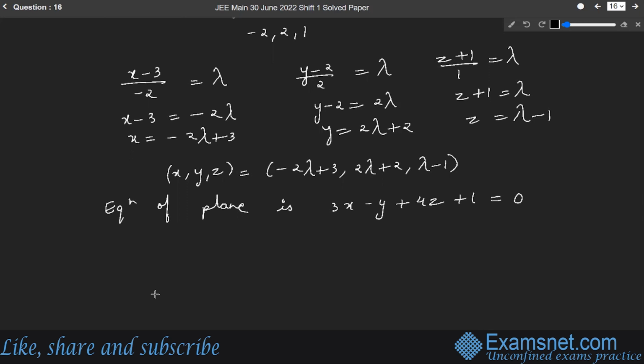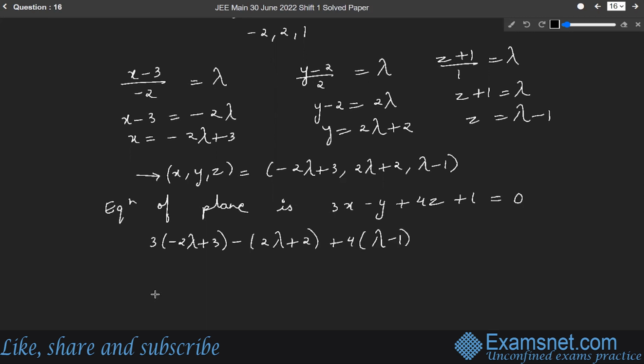What is point Q? Point Q is this, x, y, and z. So it should satisfy the given equation of plane. It means that when we put the value of x, y, and z in this plane, then the equation should be satisfied, just because the point lies inside the plane. So putting the values here, 3x means 3 into (minus 2 lambda plus 3) minus y. The value of y is 2 lambda plus 2, plus 4z, 4 into z.